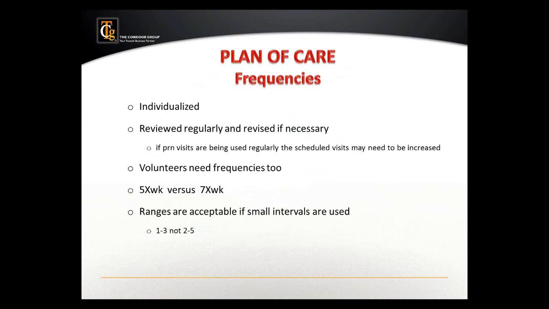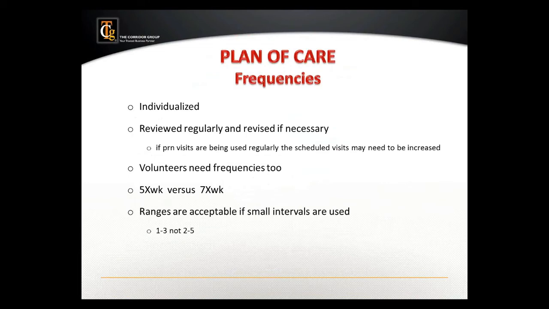So for instance, when the surveyor pulls out plans of care and sees frequencies of 2 times a week for the RN for almost all patients, yet she's seeing that the patients are different, that is an indicator that there's a problem and we're not really individualizing our frequencies, we're just writing routine orders.